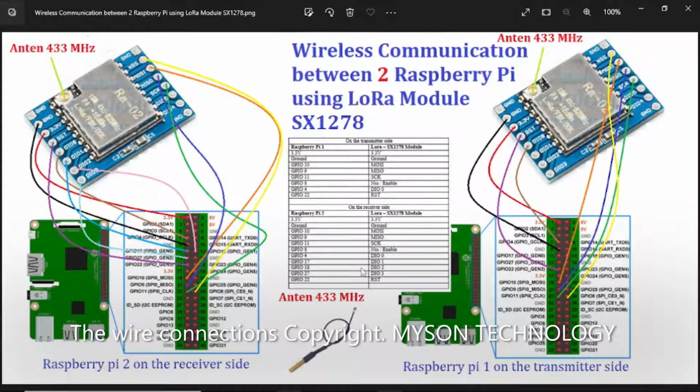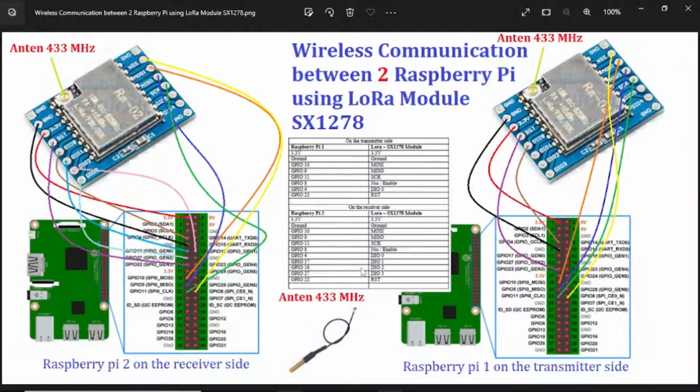Here is the wire connection between the two Raspberry Pi with the two LoRa modules. The table of wire connections: SPI connects to the SPI pins on the Raspberry Pi, SPI 0, CE0 just select.